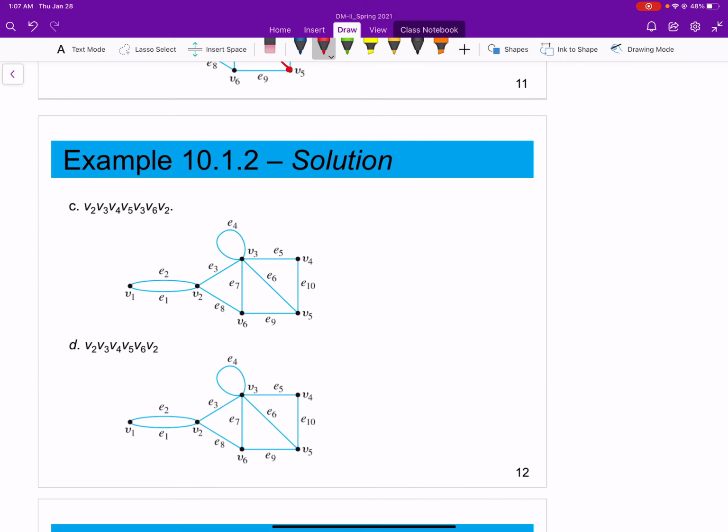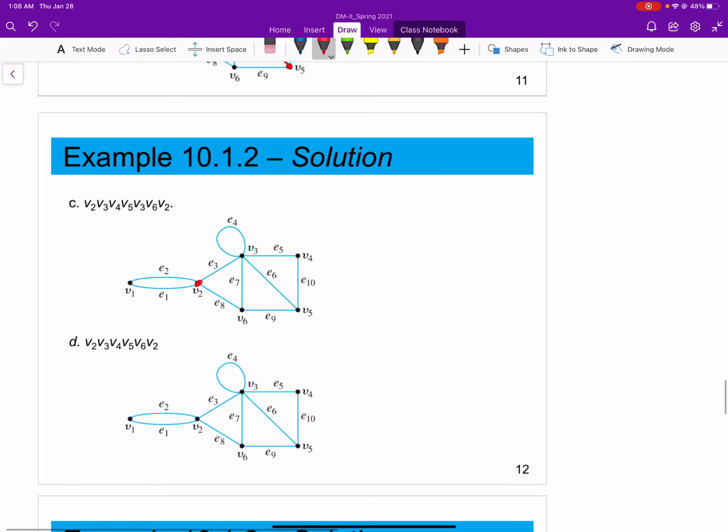It is V2, V3, V4, V5, V3, V6, and then V2. Okay, this has repeated vertices but no repeated edges.